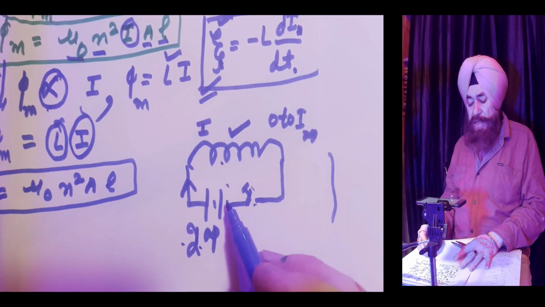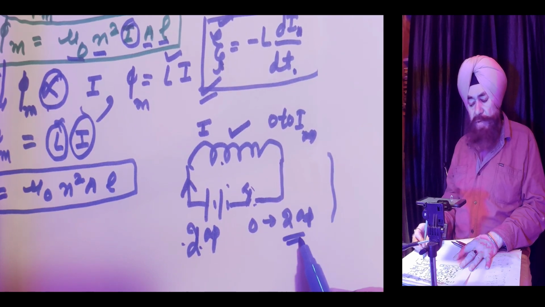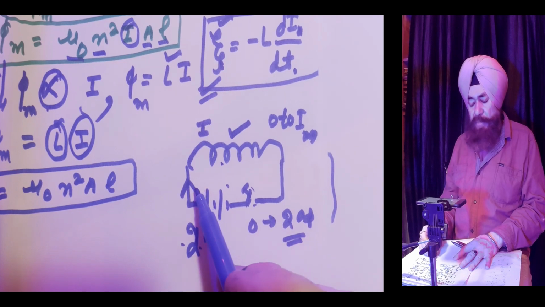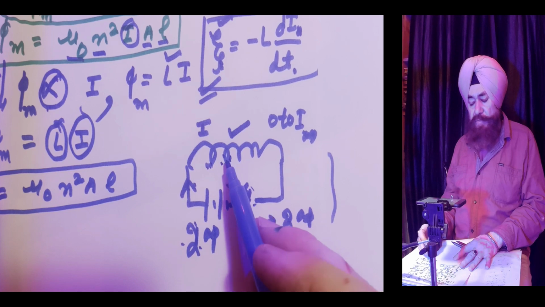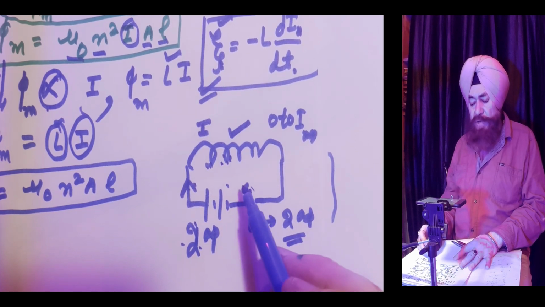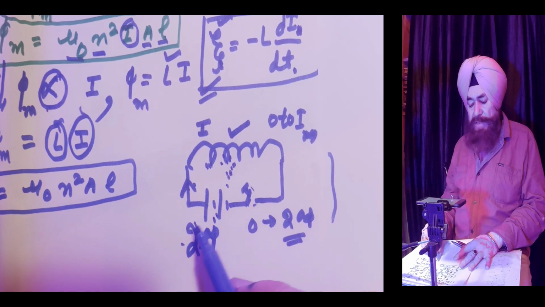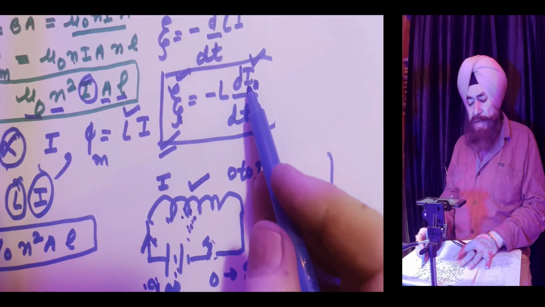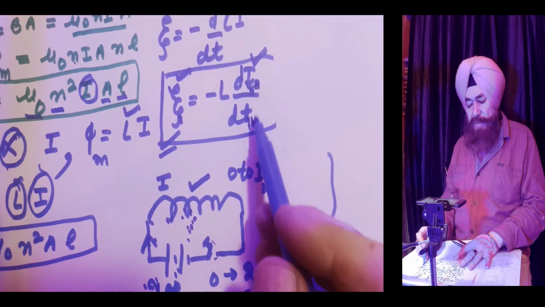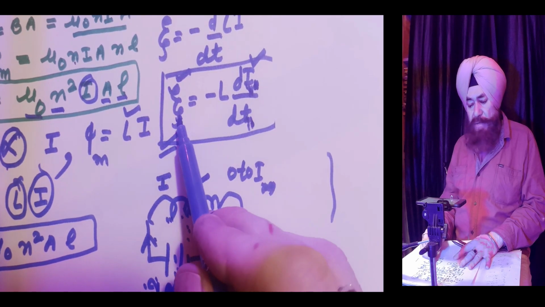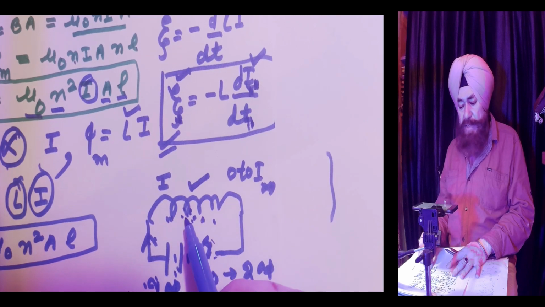Then current takes some time to reach from 0 to 2 ampere. It does not happen that current instantly becomes 2 ampere. No, it takes time. During that time, when the battery current is increasing, meaning changing with respect to time, induced EMF is produced. Induced EMF induces another current in the same coil.